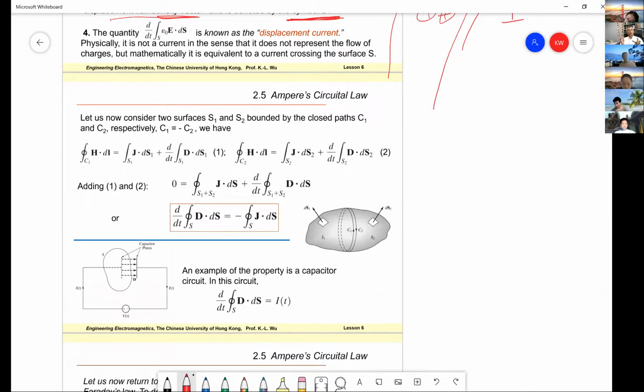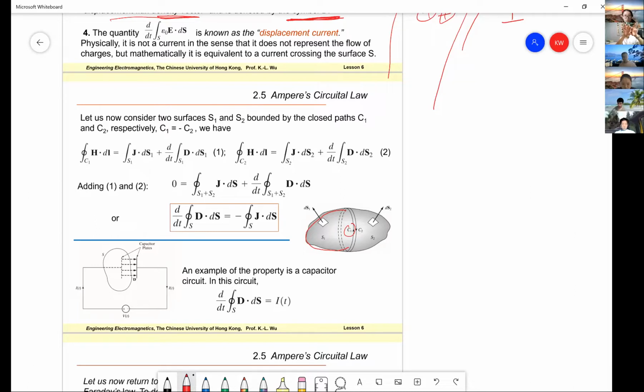So let's draw some important conclusions. Let's define a contour C1. For this contour C1, I can define S1, right? And next to C1, I define C2.